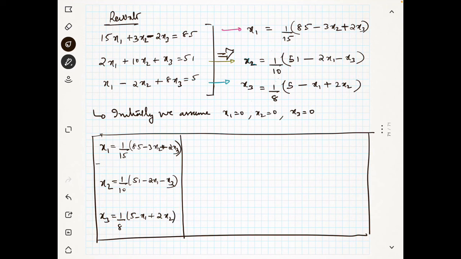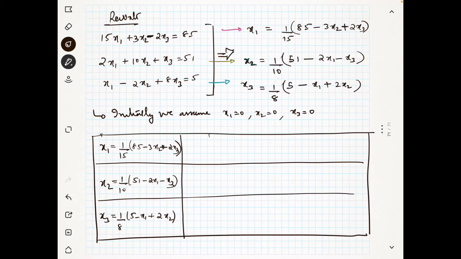Now I will draw this table properly. You see, this is my table. Now this is my 0th iteration. So here I will put my iteration, that means I will calculate again and again.